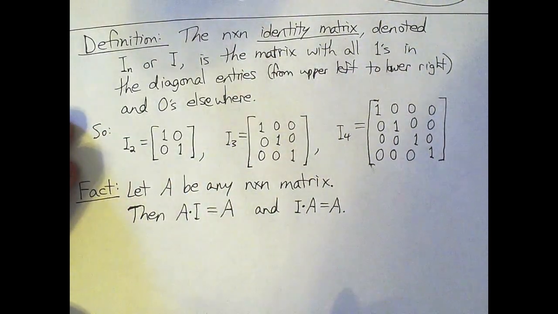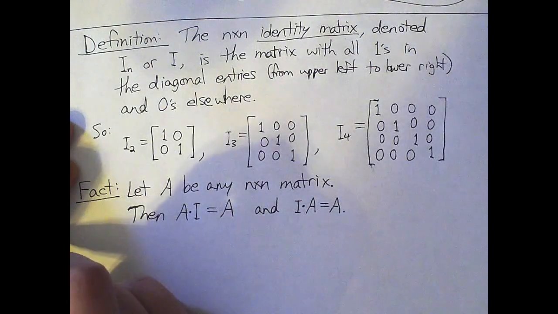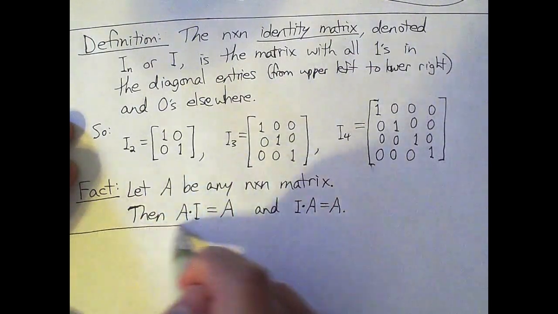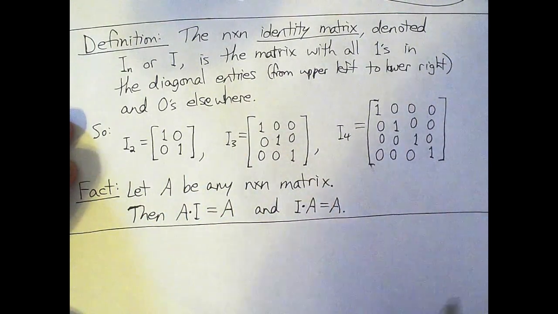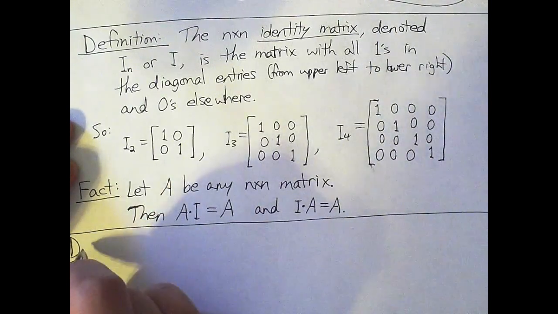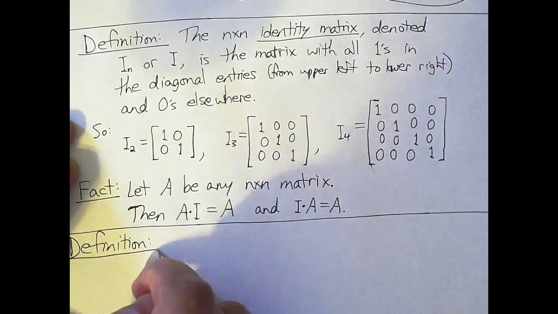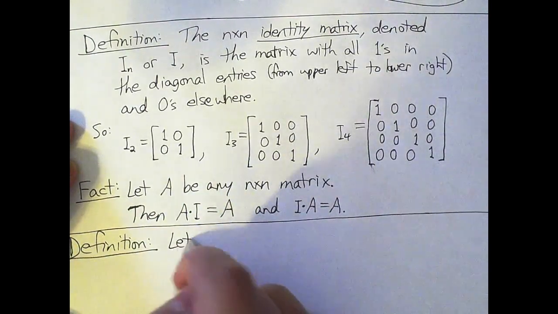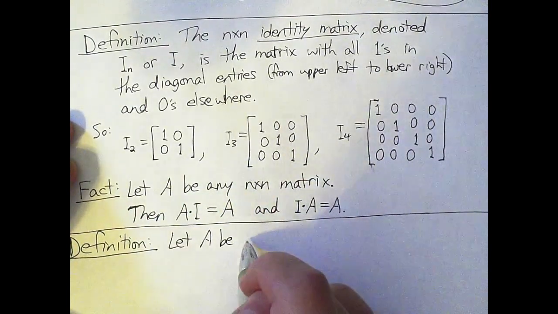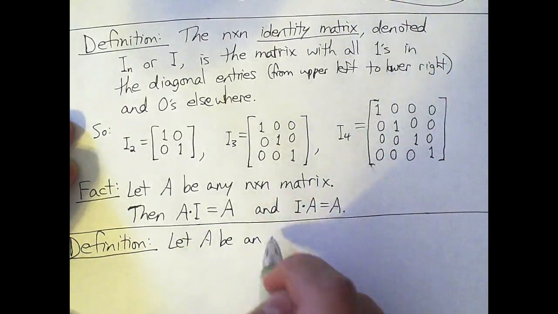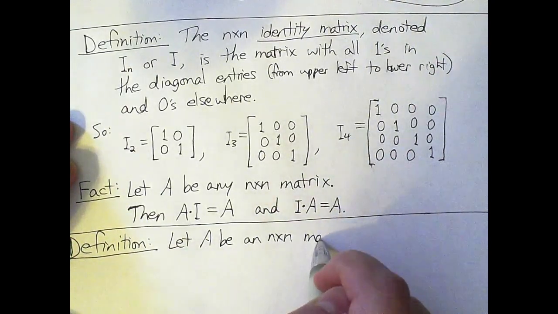So this section is called inverses of matrices. We had to establish what the identity matrix is first, but now we have another important definition. Let A be an n by n matrix.